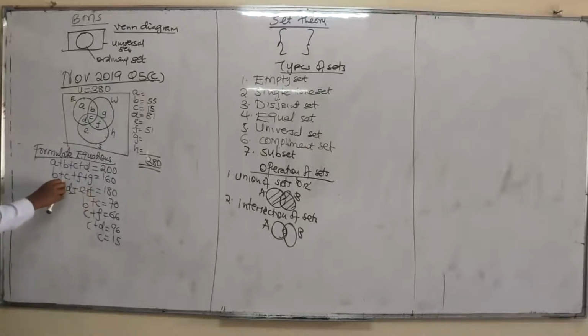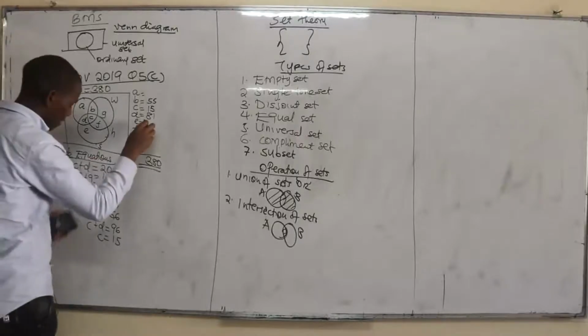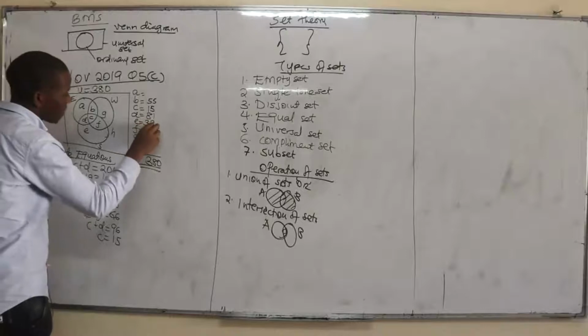So we know C is 15, D is 81, and F is 51, meaning that we can get E. It's 15 plus 81 plus 51, and you subtract that from 180, and our E will be 33.